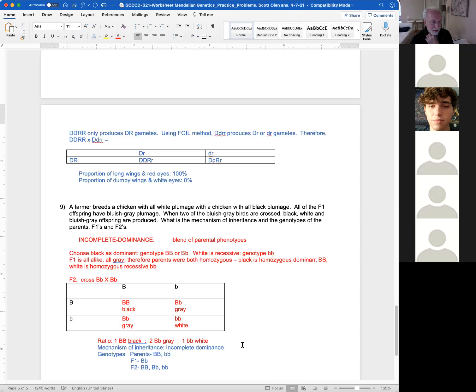It's unlike either parent, but like you say, a mixture of both parents. Not fully black, not fully white, it's in between. So remember, that's the definition of incomplete dominance, that the heterozygote doesn't look like either parent.